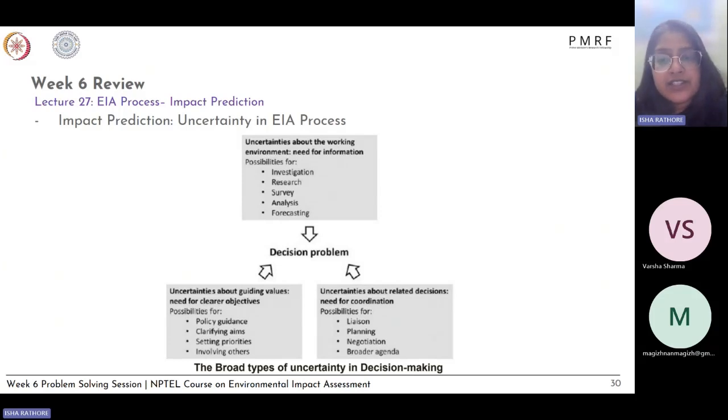In terms of making decisions, when they are uncertain about making decisions, there needs to be a coordinated approach. That is, they need to liaise, plan, negotiate, and broaden their agenda so that the team internally as well as with experts can come to a common ground regarding the decision making process. So that is how you deal with uncertainty in the EIA process.